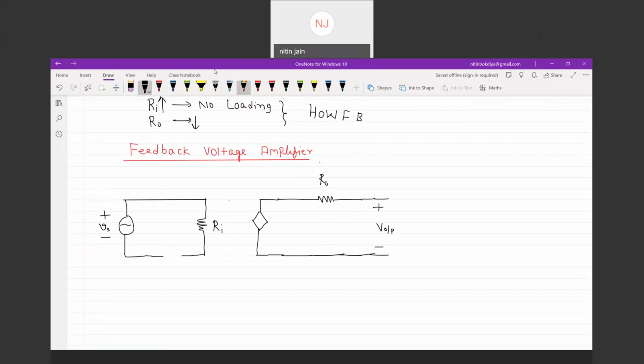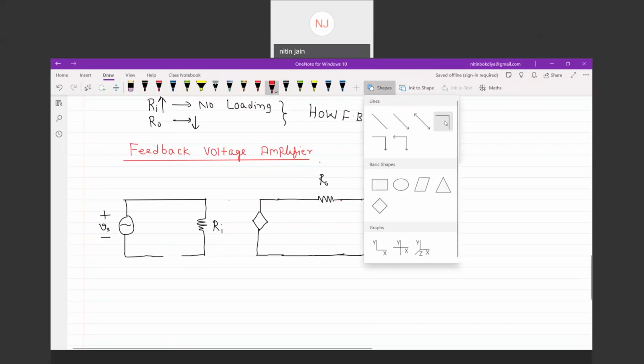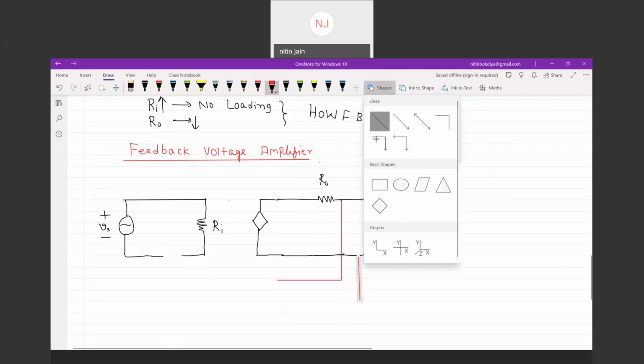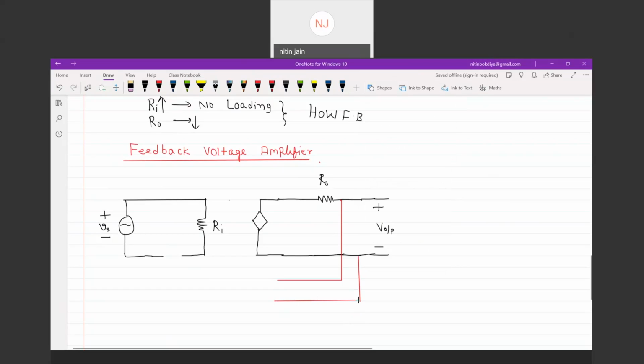In which type of feedback? I am taking voltage as feedback. So I am taking feedback from here. So you can say this is A into VI.